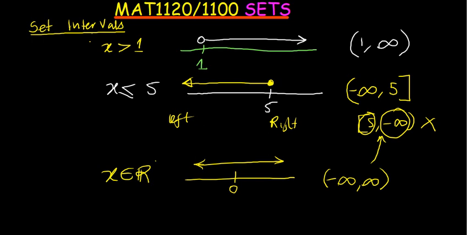Any number that is not a real number includes numbers like, can someone tell us what is the square root of 4? Who knows the answer? What's the square root of 4? What number can you multiply by itself to get 4? That's the square root of 4.